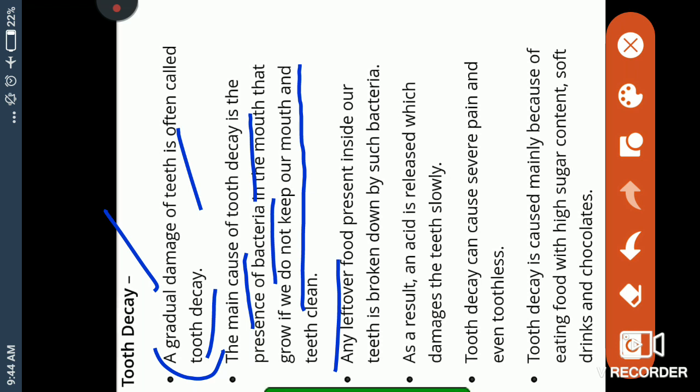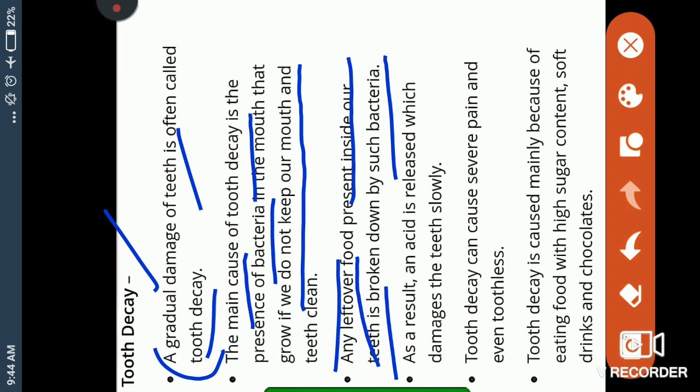Otherwise, whatever you eat as dinner, some part of that dinner will be stuck in your teeth, and that will decay and damage the whole night, and your mouth will start smelling bad. Any leftover food inside our teeth is broken down by bacteria.